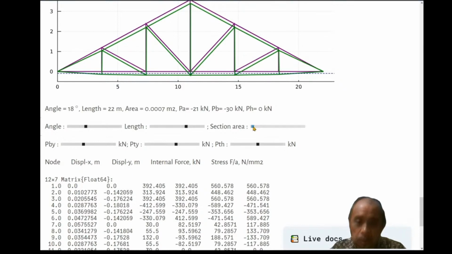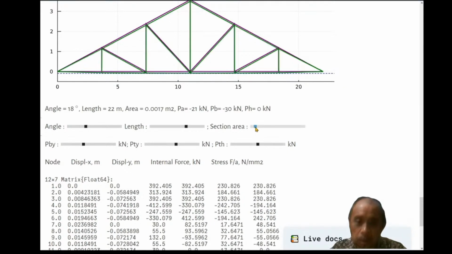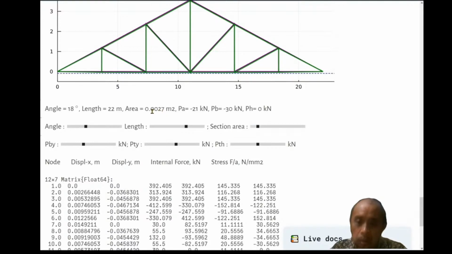But if we increase the section, for example, 0.0027, the stress is lower, the force is bigger, but the displacement is acceptable.